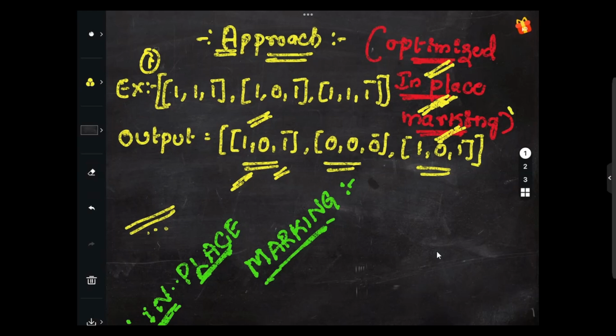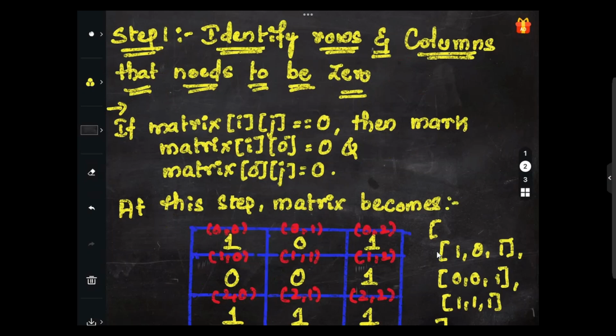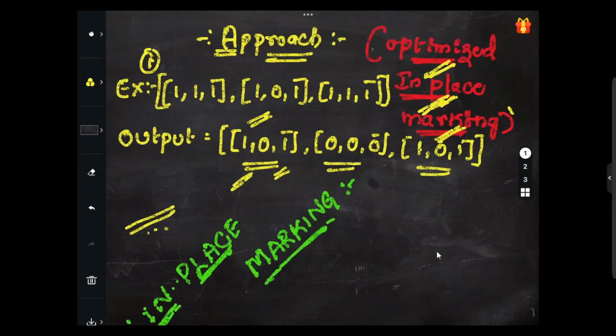So the approach that we'll be going with here is optimized in place marking. The first step is to identify the rows and columns that need to be 0. Here the matrix is 1 1 1, 1 0 1, 1 1 1.